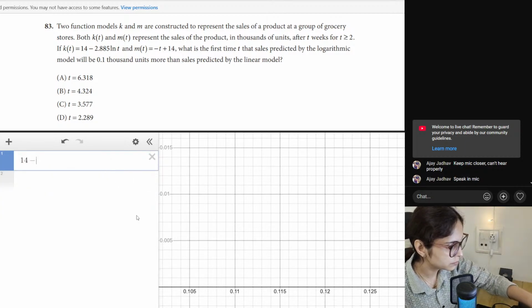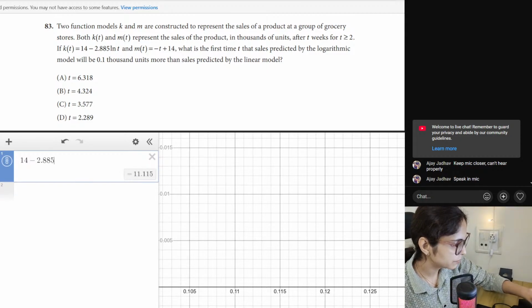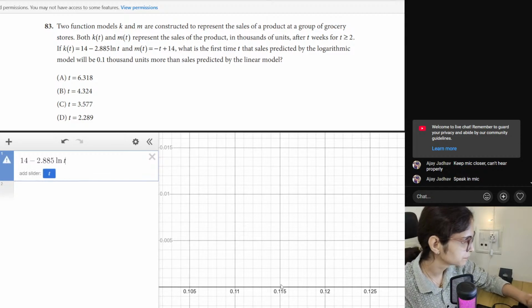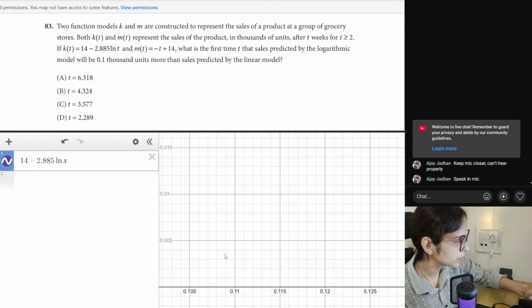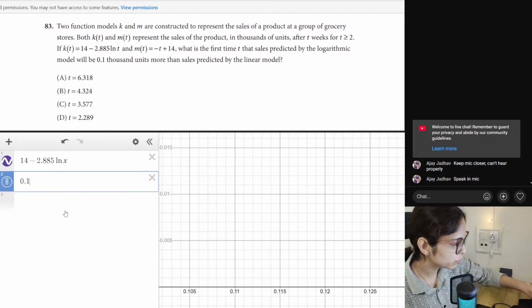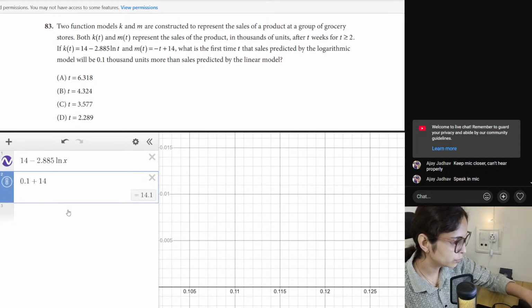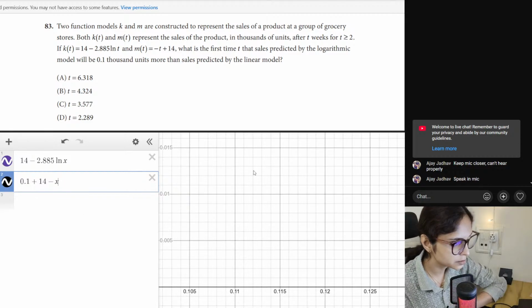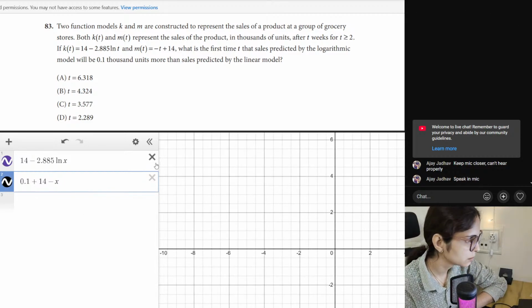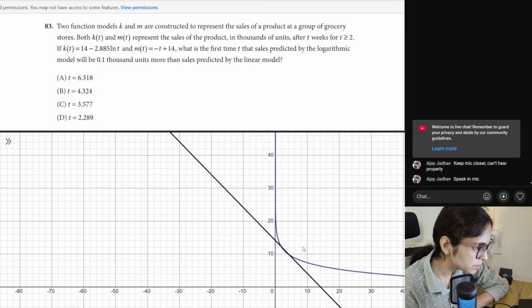So 14 minus 2.885 ln T. Instead of T, I will write X. Now the next was 0.1 plus 14 minus T. Instead of T, I will write X. Now you can see this is the graph.